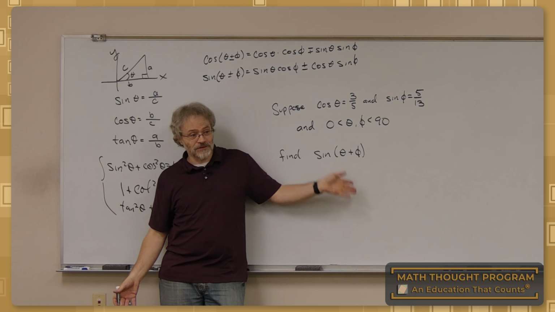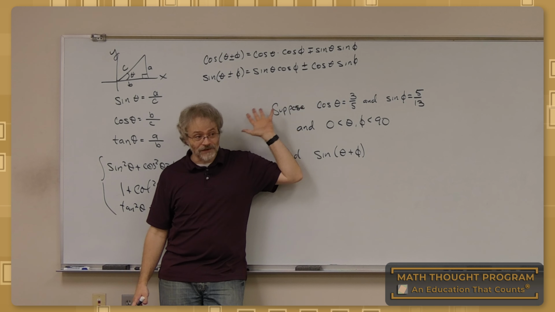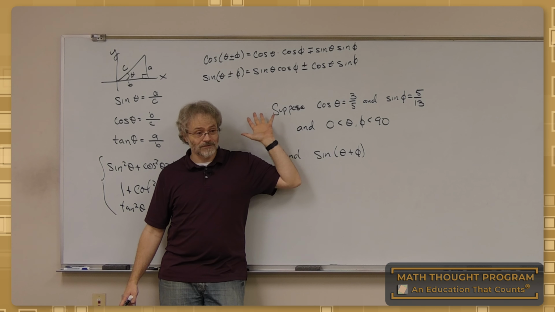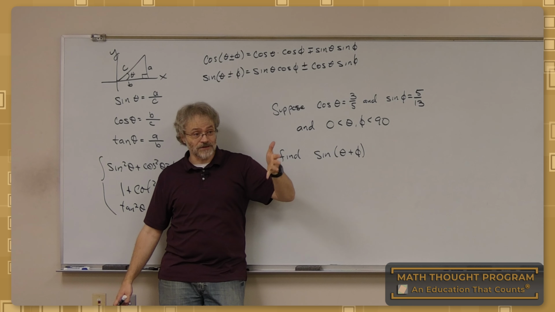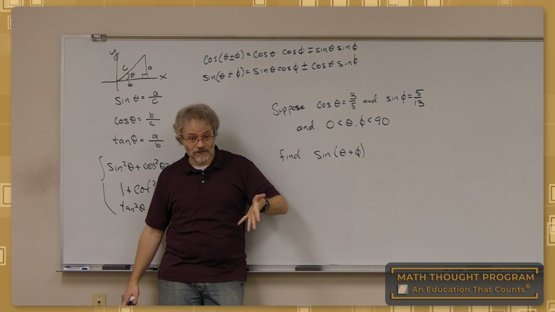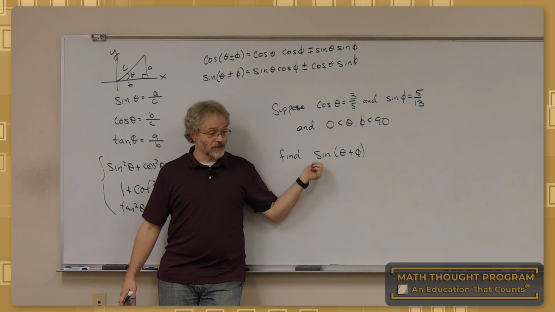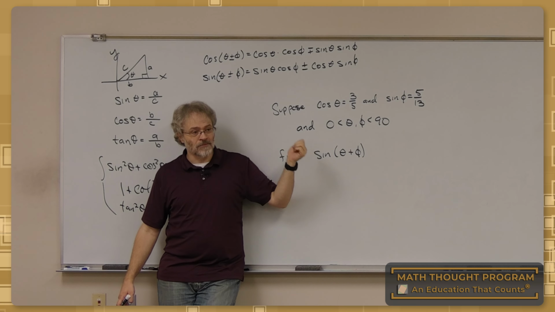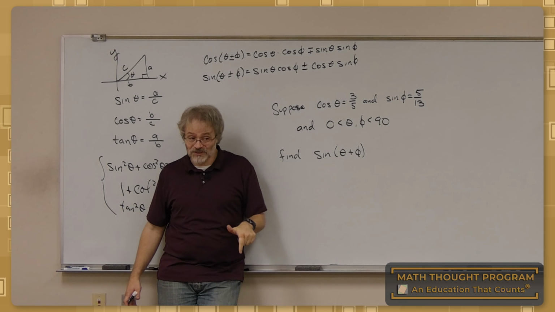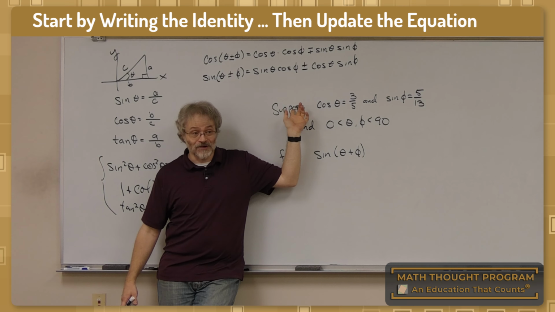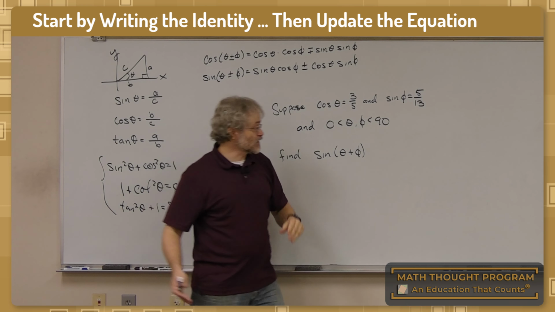Well, I've got this really nifty identity up here: sine of theta plus phi, or sine of theta minus phi. And since the objective is to find this, a really good spot to start is right here. So that's probably the first thing I want to do.